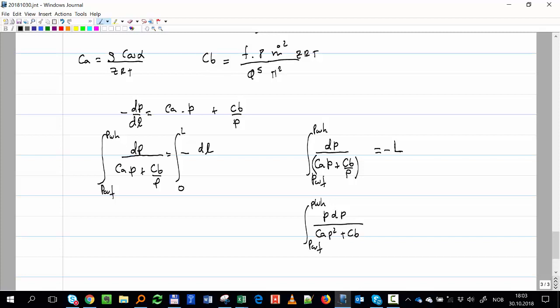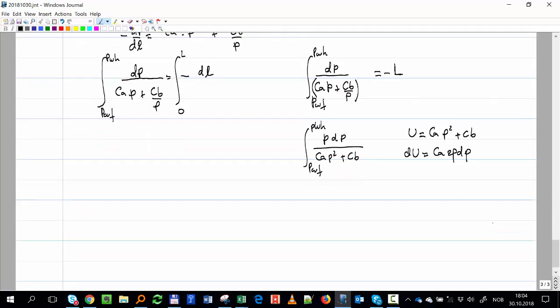Essentially I can say, well, U now will be Ca P squared plus Cb, right? And then du will be Ca 2 P dP. And then I have to just substitute in my equation.